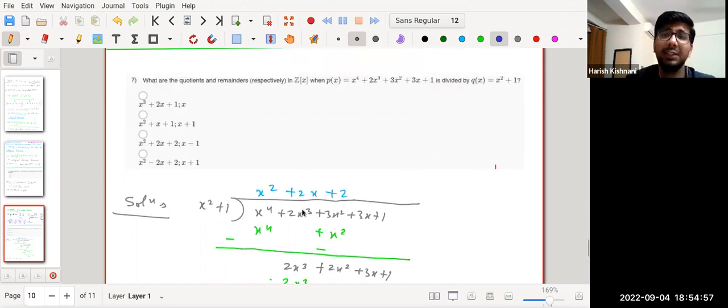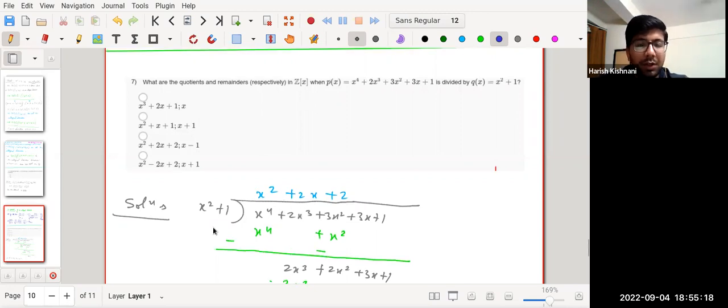It's just a division as you do in the division of polynomials. The interesting thing would have been if you were not getting integer coefficients, but here you will always get integer coefficients, so there is nothing new here. So you just do the ordinary division of polynomials by x^2 plus 1.